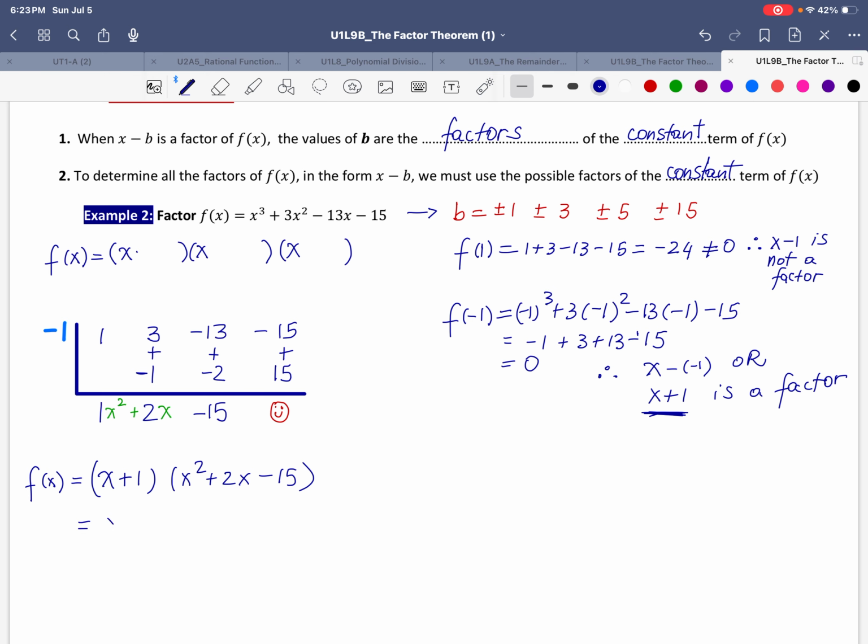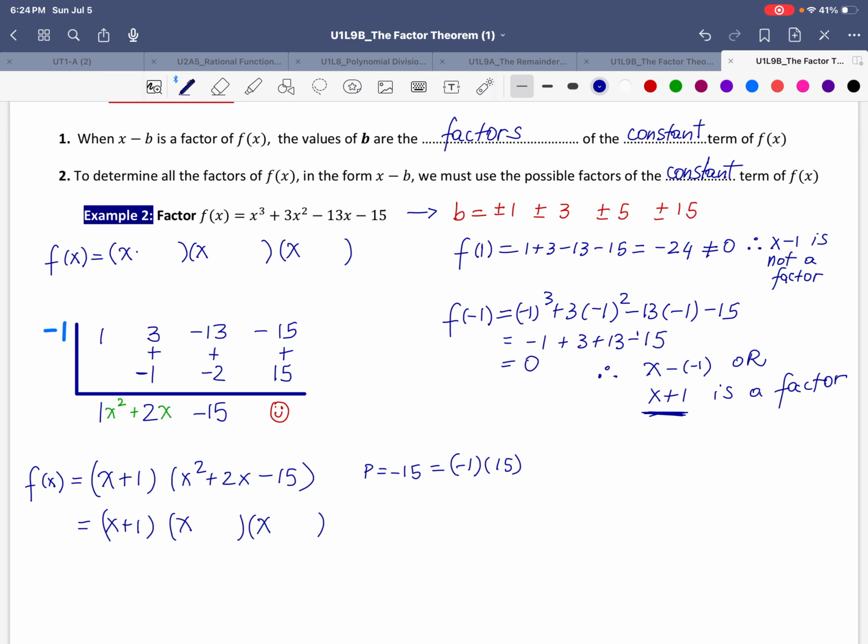So we have x plus 1. Set up 2 sets of brackets, start both of them with the term x, and then figure out 2 numbers that will multiply to -15 and have a sum of 2. The product of -15 can be, again, -1 and 15.